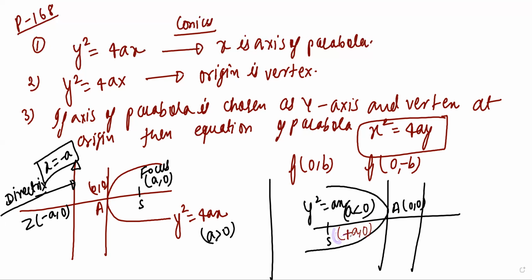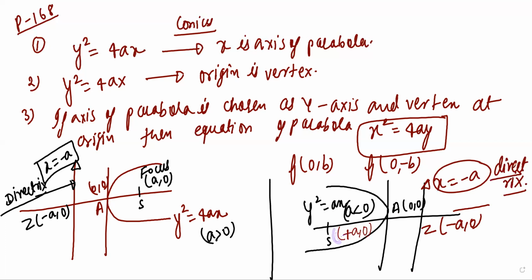This is S now, so S will be positive here, and here Z is on the other side, so it will be minus a comma 0. So this is your directrix line. So x is minus a. This is the directrix, right? Right up to this point, then I will share the next figure.